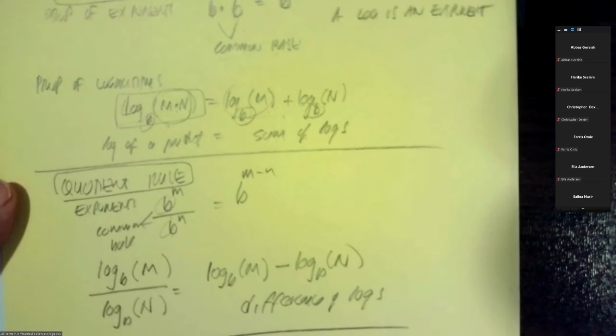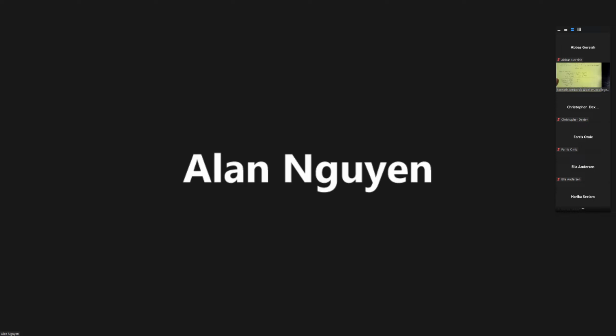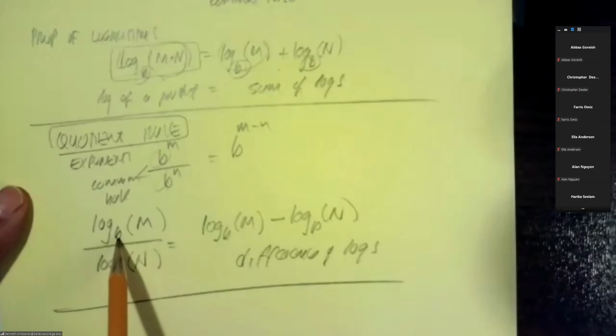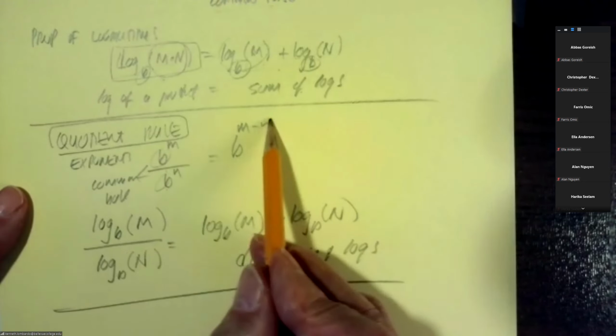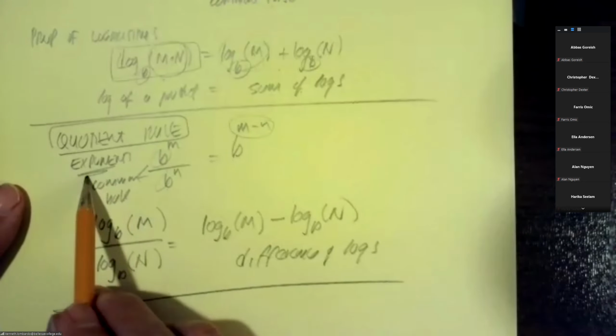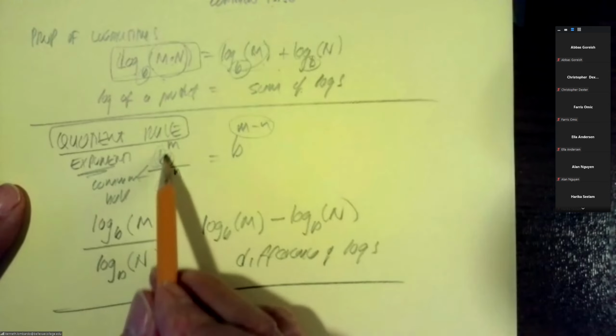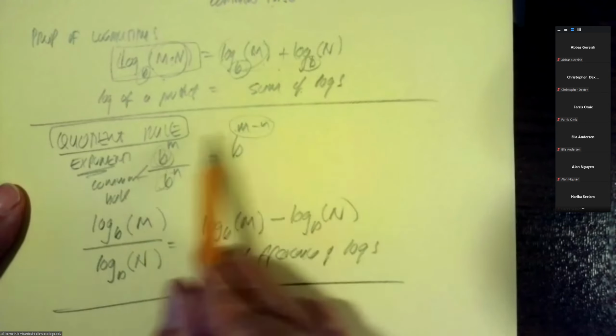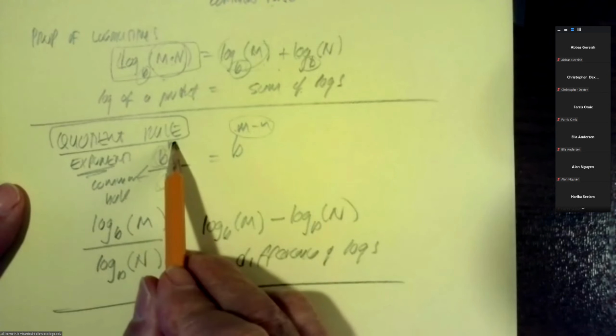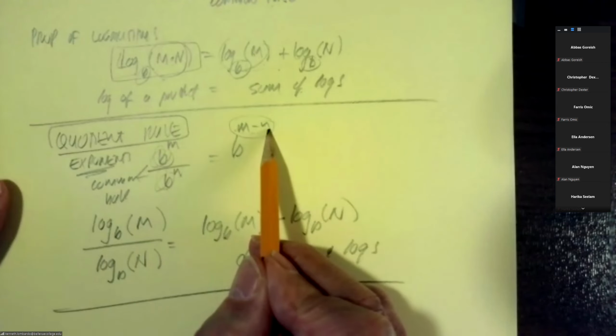Sum and difference? Wait, could you explain the quotient rule again? Yeah, on the quotient rule, remember like we did on exponents, we said, well, we have a common base, so we're going to subtract. So we're going to take the denominator from the numerator and say m minus n.